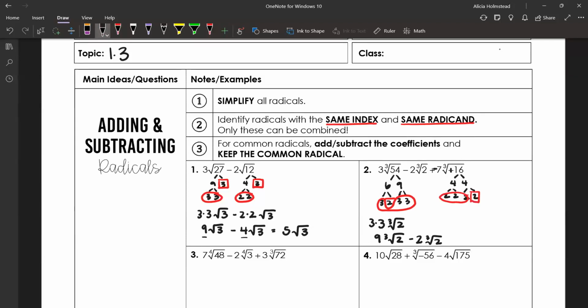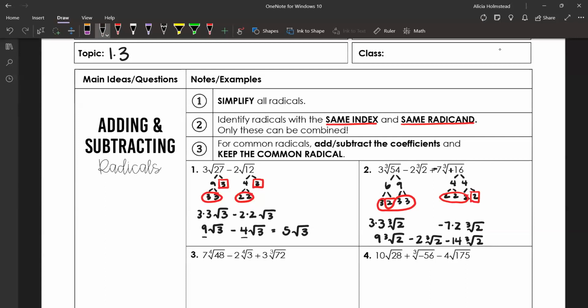So we have 3 2's, 1 left over, so this is going to be negative 7 times the 2 we can pull out, and then we have the cube root of 2. So negative 7 times 2 is 14, cube root of 2.